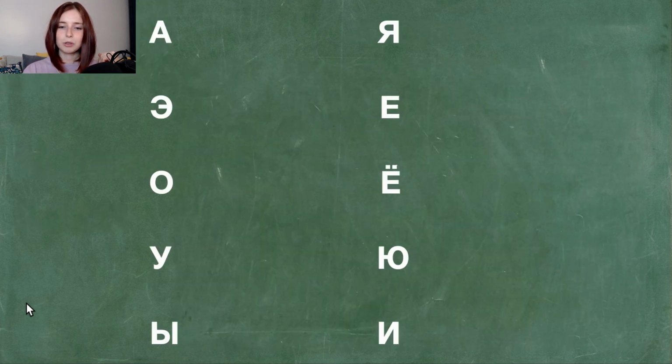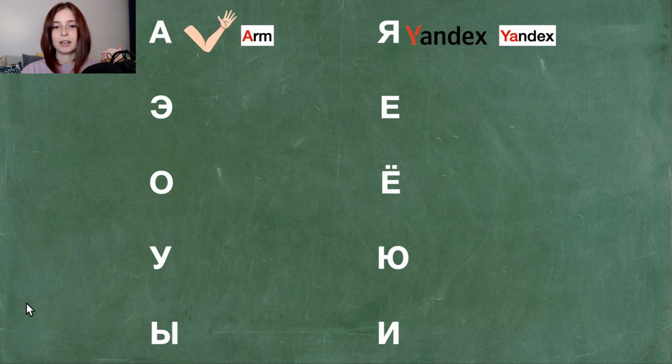So I'm going to show you these vowels in pairs, and I'm going to show you what sound they have in English words, so maybe that will be easier for you to understand, especially by ear. It's not so simple in the beginning. First two letters.